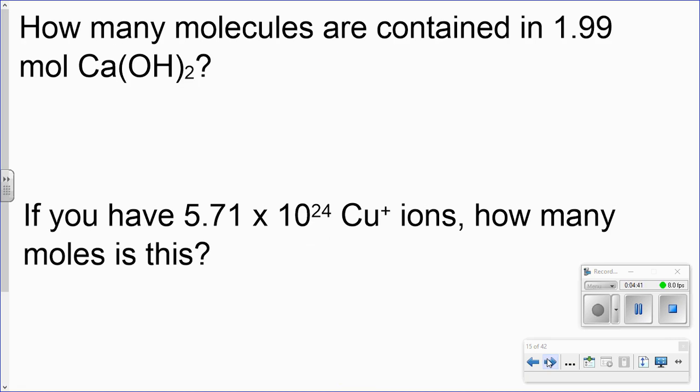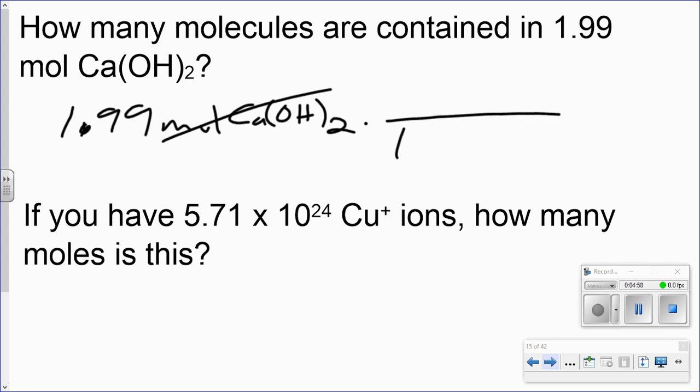All right, let's try one more. So if we take, again, atoms, molecules, or ions. So if I have 1.99 moles, write down what you know, it's 1.99 moles of calcium hydroxide. This is a molecule, or molecularly written. So if this is a molecule, again, I have moles here, moles down here. It's always, well, for now it's 1 mole.